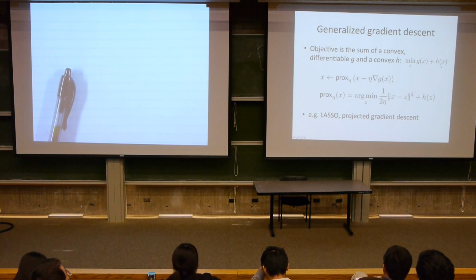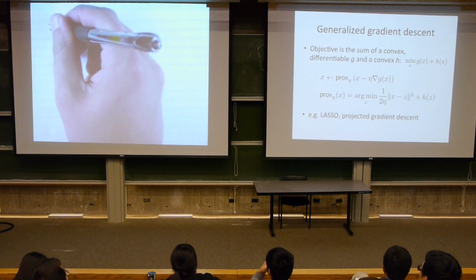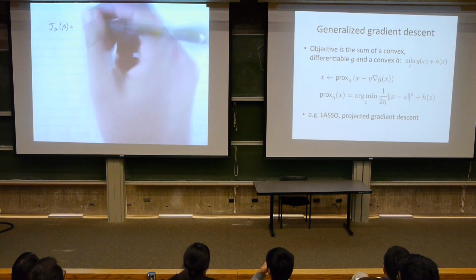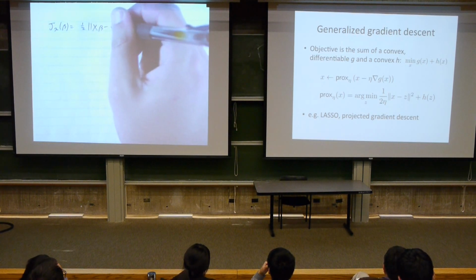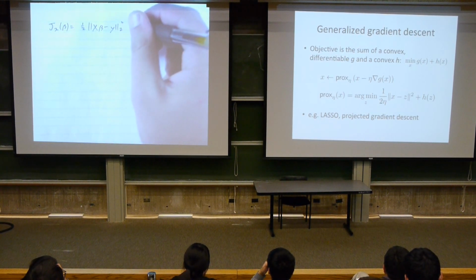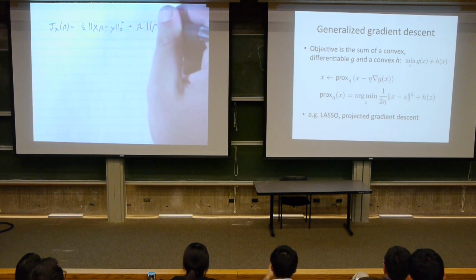One example of that, which is on homework 2, is the lasso. You can write the lasso objective function as the standard linear regression term plus lambda times the 1 norm of beta.